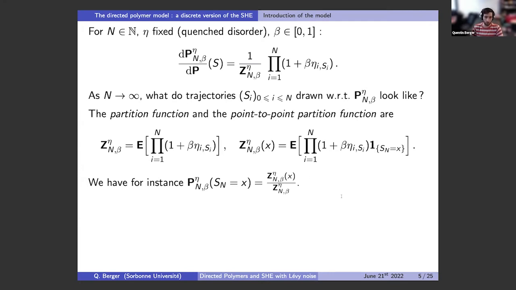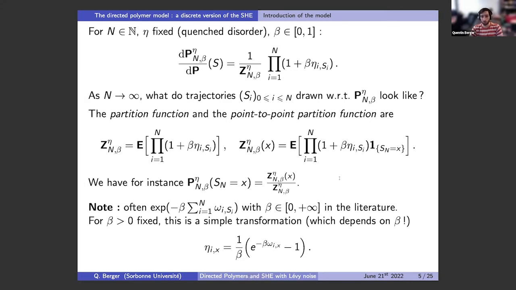So what you need to do is focus on the partition functions, either the point-to-point partition function or the partition function. From now on, I will not talk much about the measure itself, but more about the partition functions, since you can extract a lot of information from them.